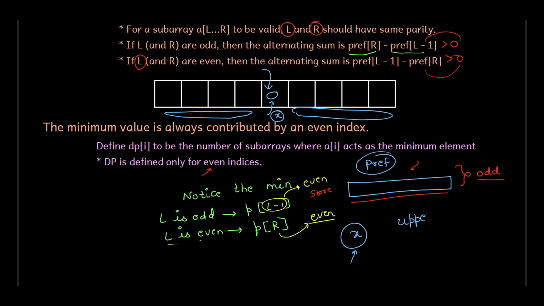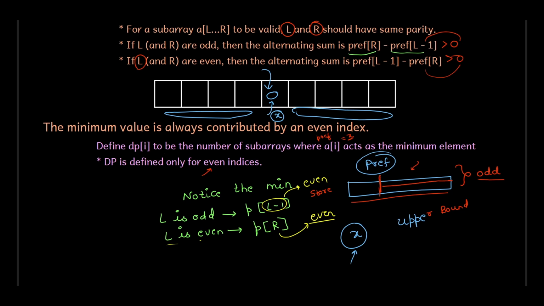Then, as we said, if you are considering dp of I, and suppose a of I is equal to x, the value at that position is equal to x, or rather prefix of I is equal to x, then you just find all the elements that are strictly greater than x, because x is the minimum.